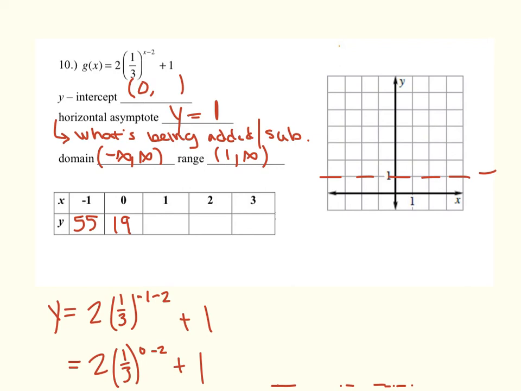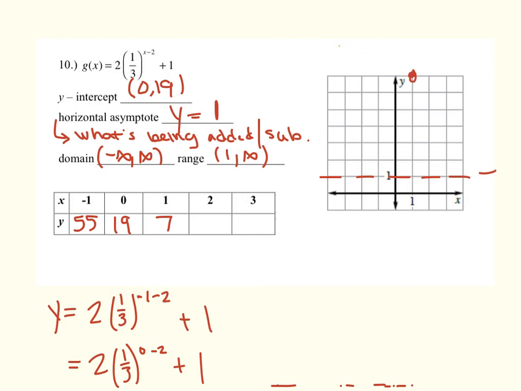That's okay, but we do know that at least that would be our y-intercept if someone asked us. So then we need to plug in 1. So 2 times 1/3 to the 1 minus 2 times 2 plus 1, I get 7. So I think I can graph that one. So over 1, up 1, 2, 3, 4, 5, 6, 7, up here at the tippy top.